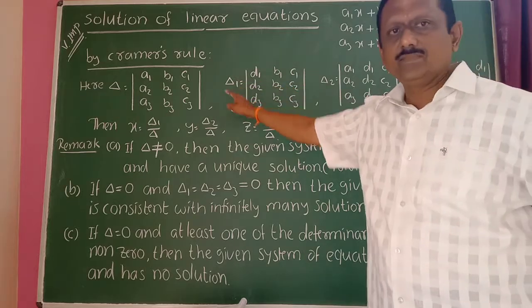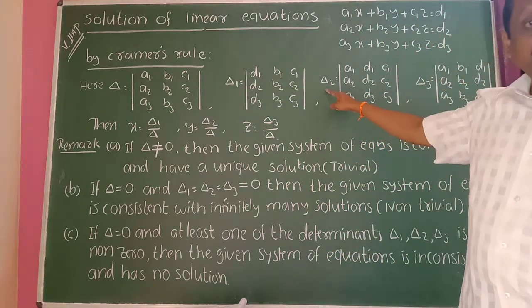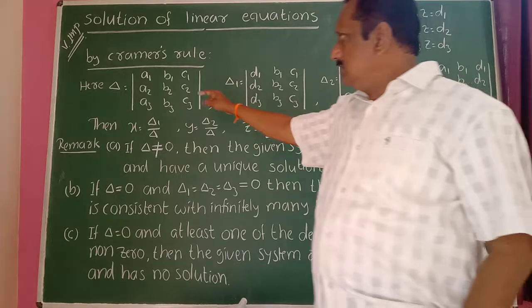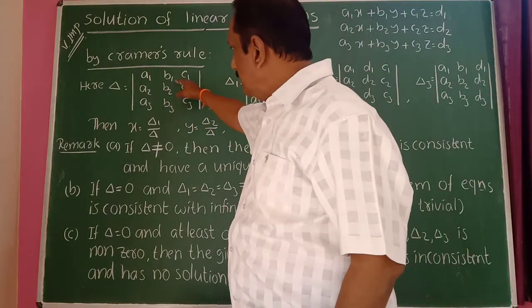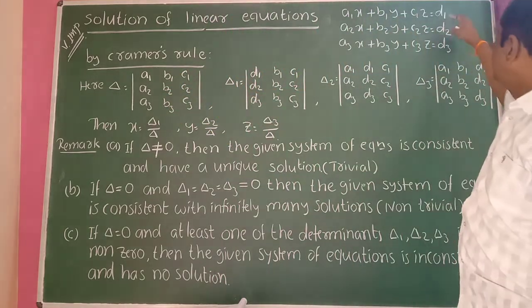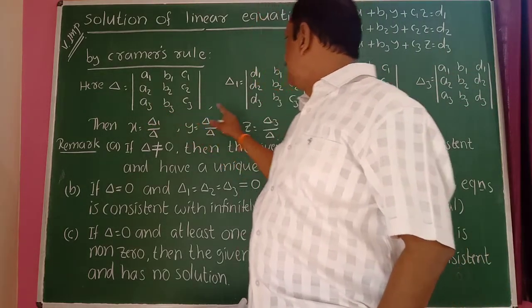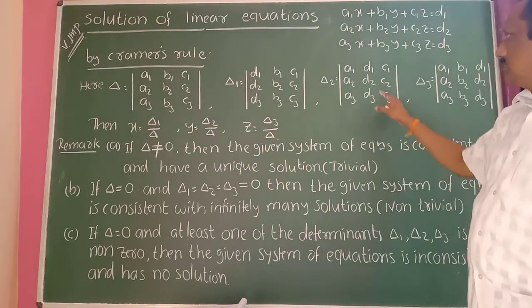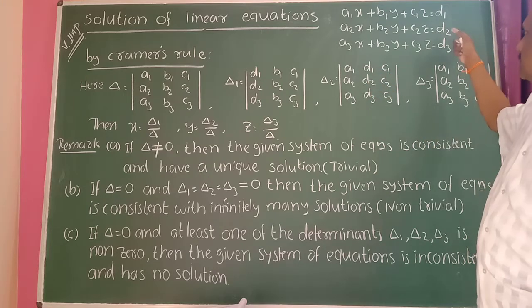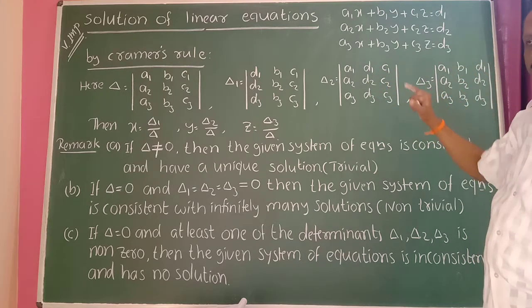This is delta 1. And delta 2 is the determinant obtained by replacing the second column by the elements d1, d2 and d3. The first and third column elements are kept as they are, so only the middle column is replaced by d1, d2 and d3.